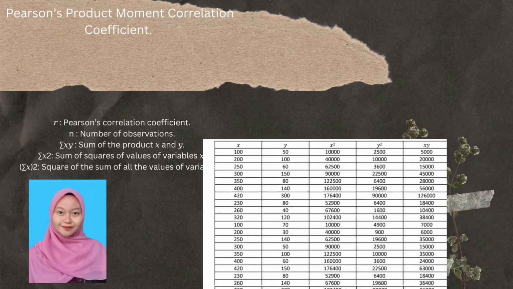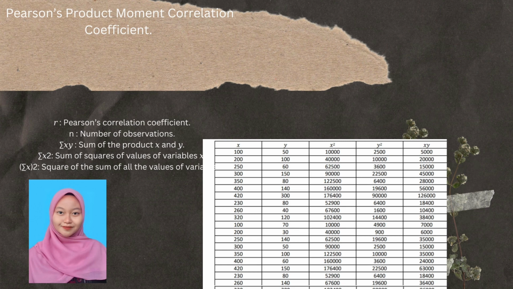Pearson product moment correlation coefficient. Look at the data table. How do we find x squared? We multiply the x number with the same number. For example, 100 multiply 100 and get 10,000. For y squared, we use the same formula but use the numbers of the y column.